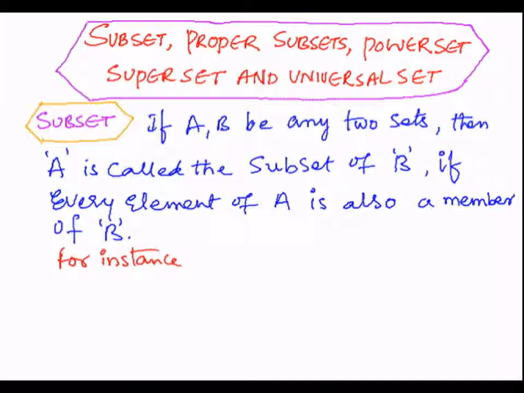Let set A elements be 1, 2, 3. Similarly, I am going to consider one more set, B, whose elements are 0, 5, 3, 1, 8 and 2.